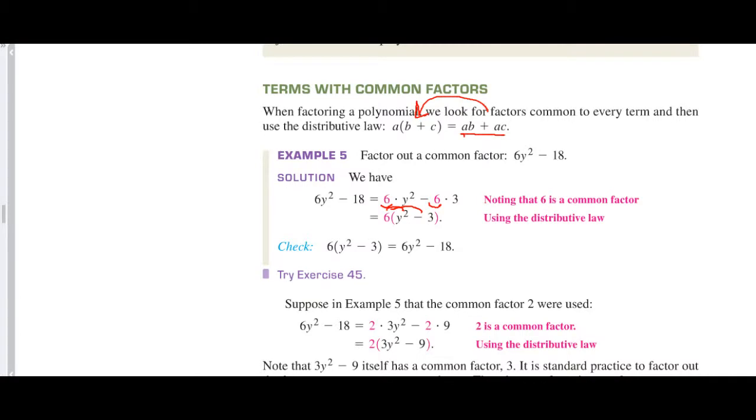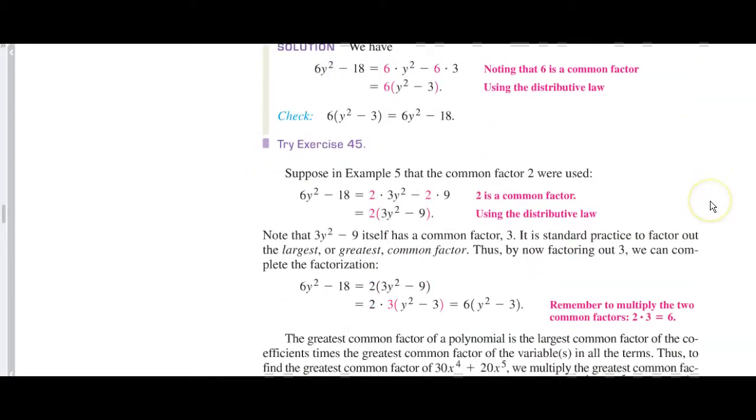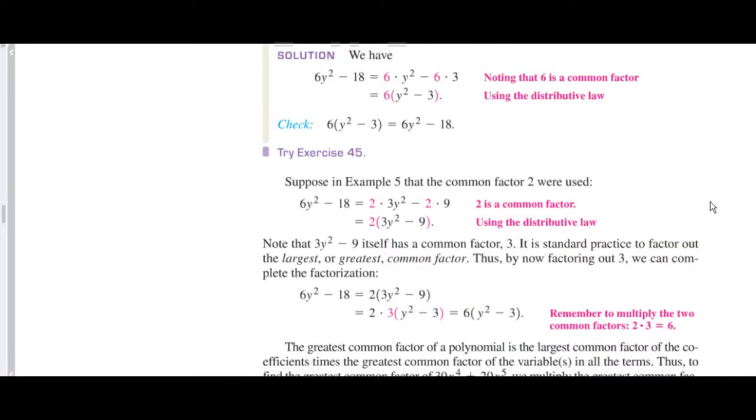Now, in this example, by the way, they're showing us a very good thing here. Suppose instead of taking out the greatest common factor here of 6, you took out a common factor of 2. And you might say, is that good?